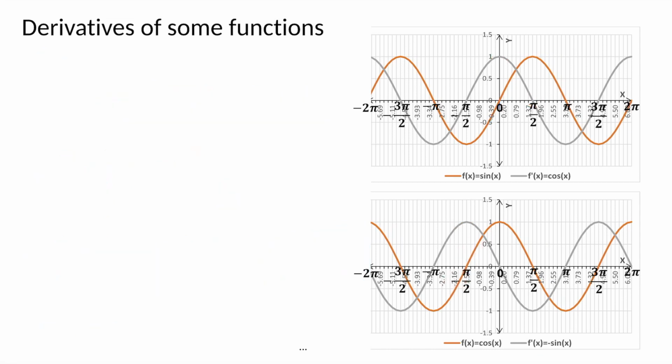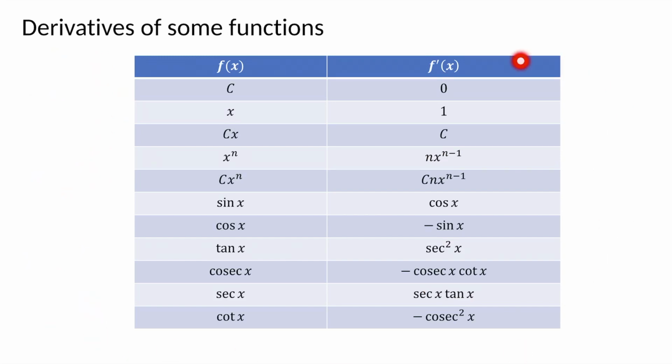Okay. Now, this gives the list of the formulae for the derivatives of various generic functions, constant function, x, x times constant, x raised to the power n, and so on, various trigonometric functions, and each of them you can derive using the basic formulae in the way that we just did.